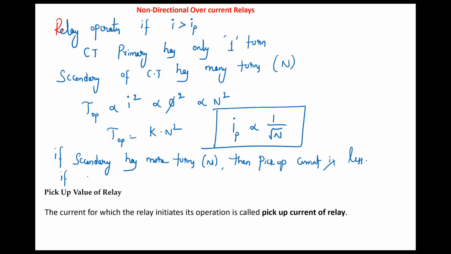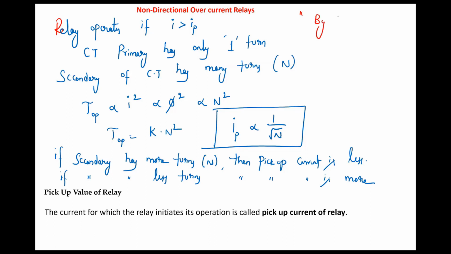If the secondary has fewer turns, then the pickup current is more. So by changing the number of turns in the secondary, you can adjust the pickup current of the relay.